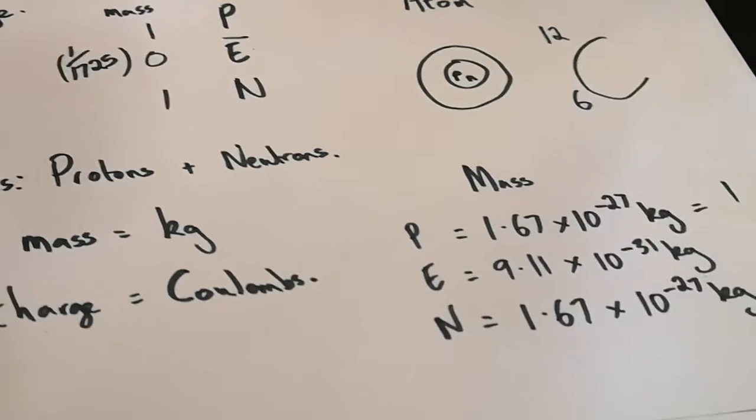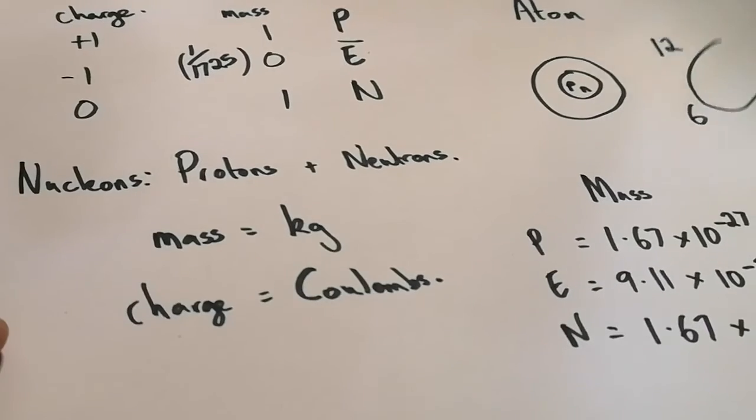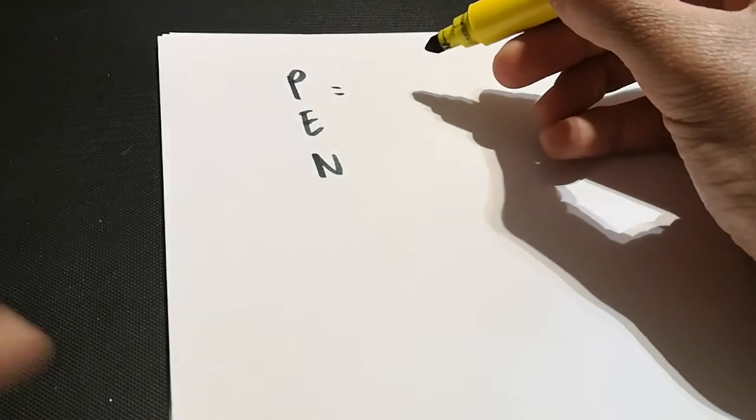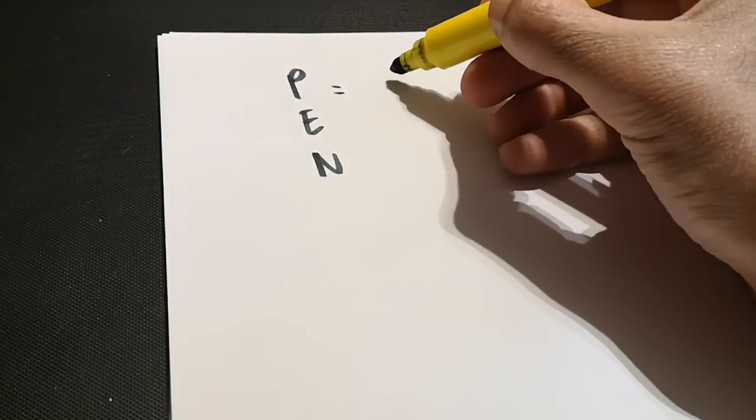Now, if we now have a look at charge, charge is a slightly different situation because charge is obviously measured in coulombs. Now, if you have a look here, if we consider again our protons, our electrons and our neutrons, the charge on a proton actually is this.